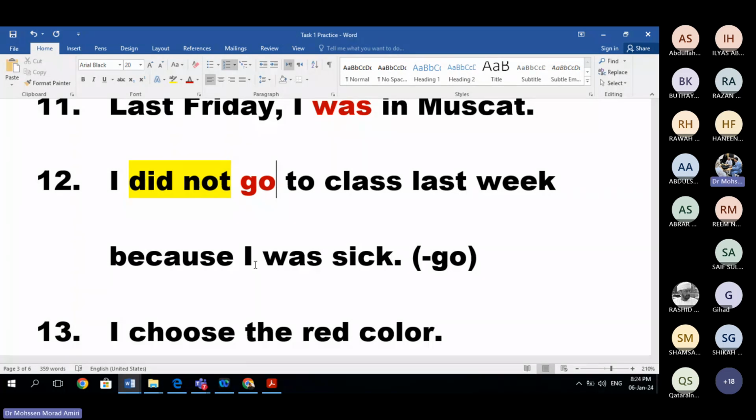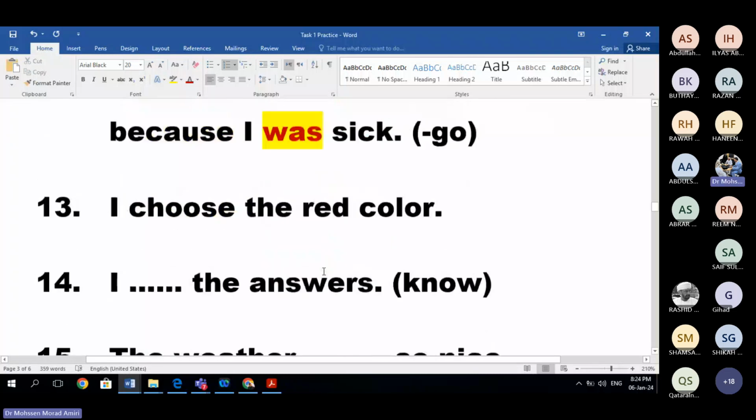So be careful about how to use did in your sentence. Did not go, did not play. I didn't play yesterday or last week because I was sick. Because I was sick, not I am. We're talking about the past, so your verb should also be past.